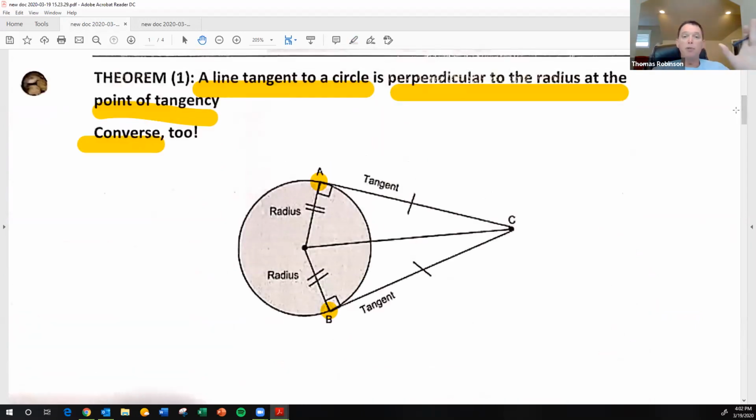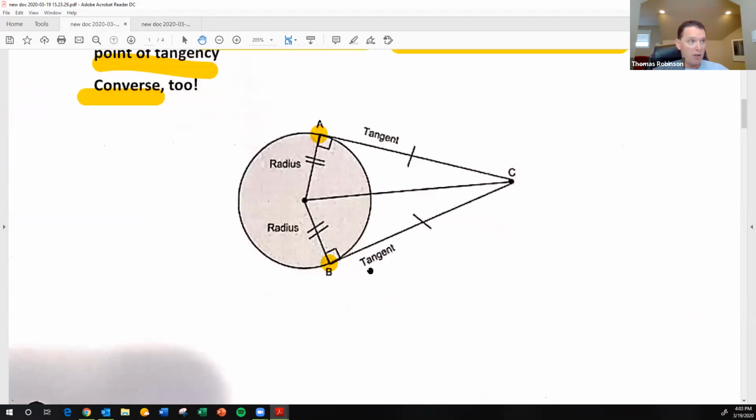Tangent lines are perpendicular to circles at the point of tangency, and specifically perpendicular to the radius. And then if a line is perpendicular to the radius of a circle, then it's a tangent. So you get two theorems for the price of one there with the converse.